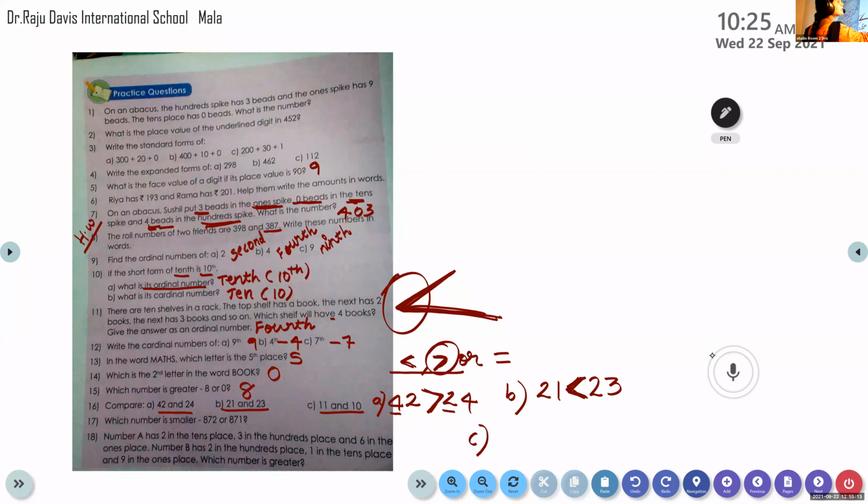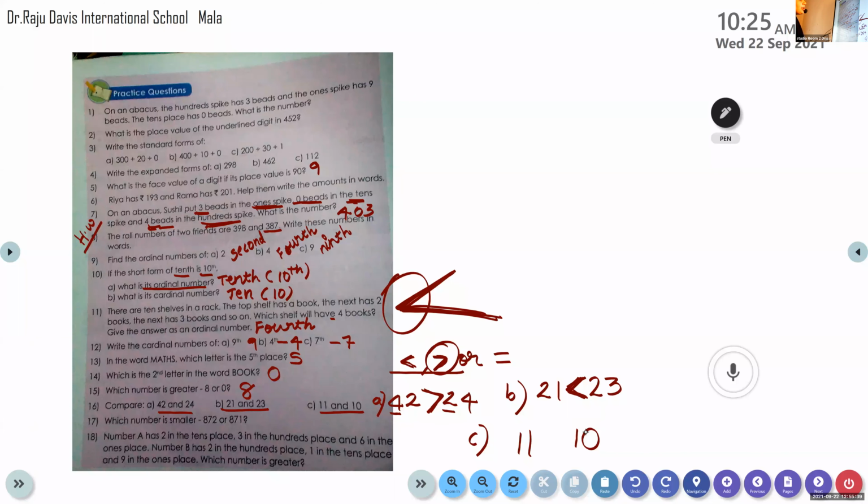Yes, Hamdan, please unmute. Give me answer. 11 and 10. Which symbol we should use? Question, ma'am. 11 is less than 10 or greater than 10? Let Hamdan say answer.